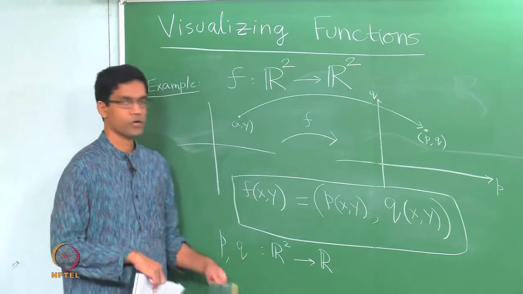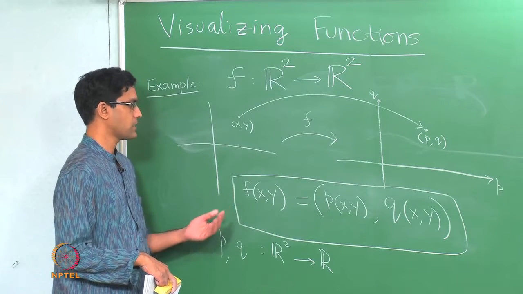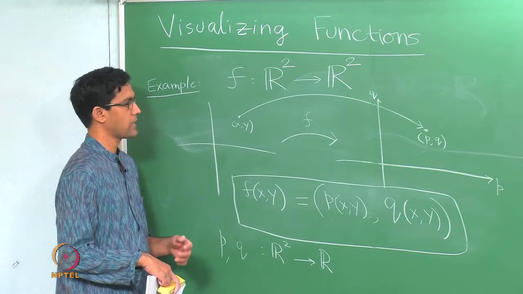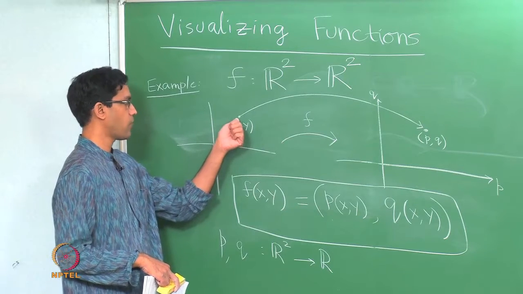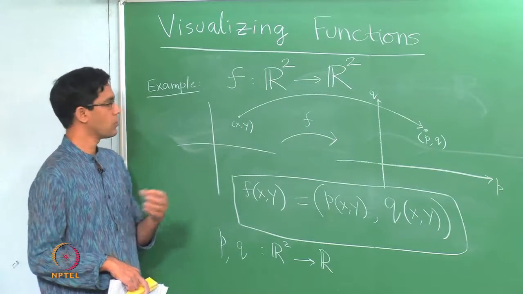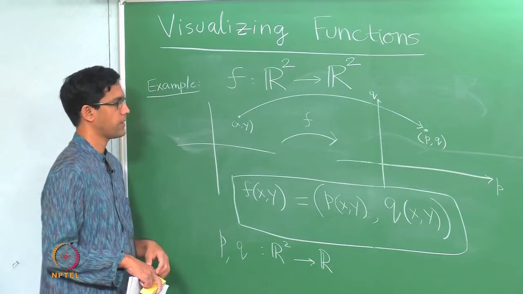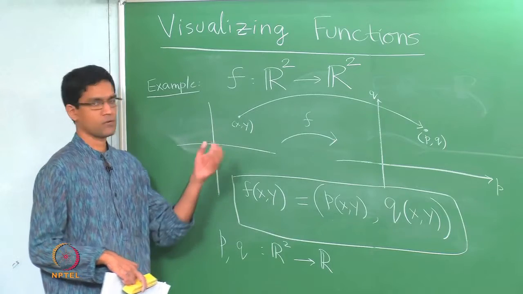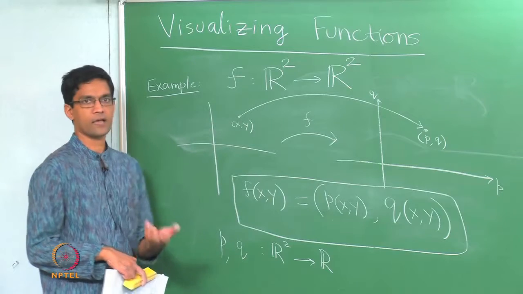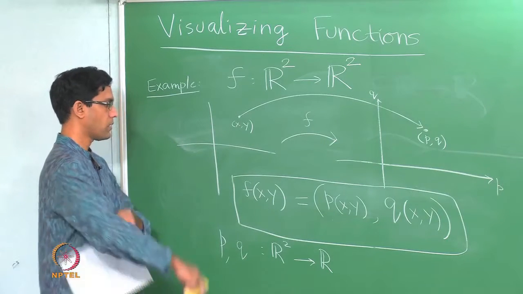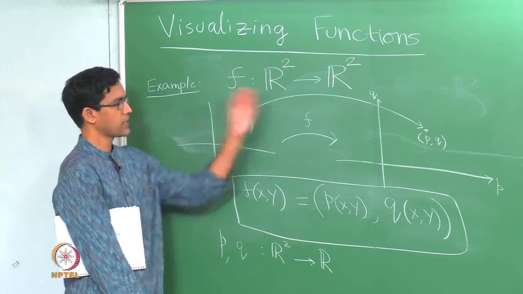What I want to talk about next time is to think a little bit more geometrically about what these functions do, in terms of not just what it does to points on the plane, but maybe what it does to certain curves like lines or circles on the plane, and what it does to regions, for instance a circular region centered at the origin, or a rectangle or a square and so on, how this function transforms certain regions of the plane into other regions of the plane.